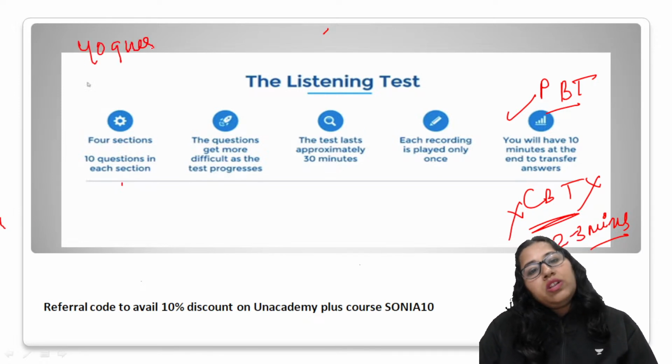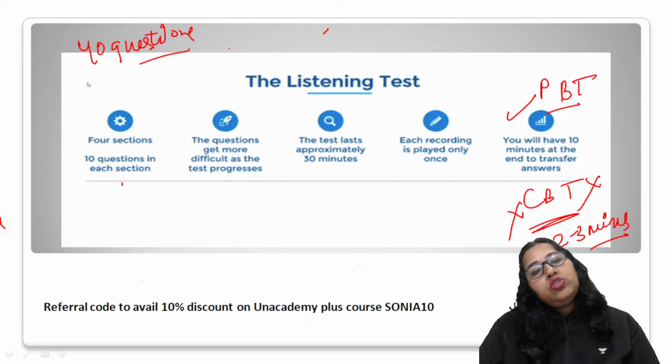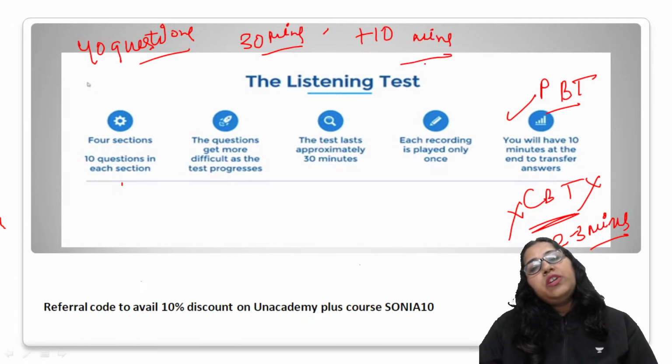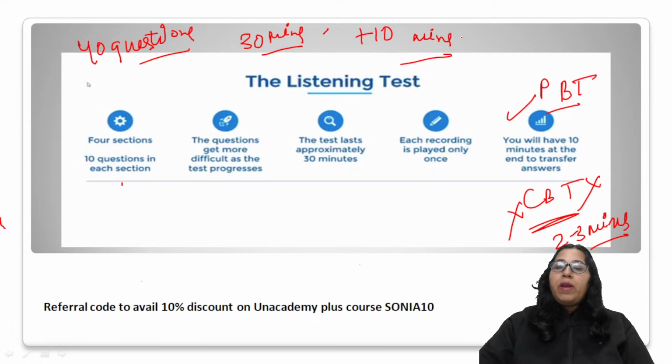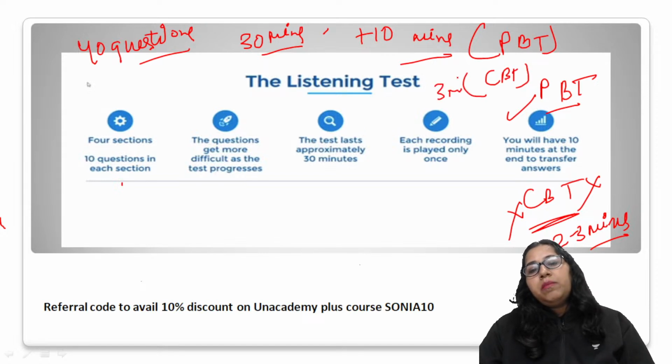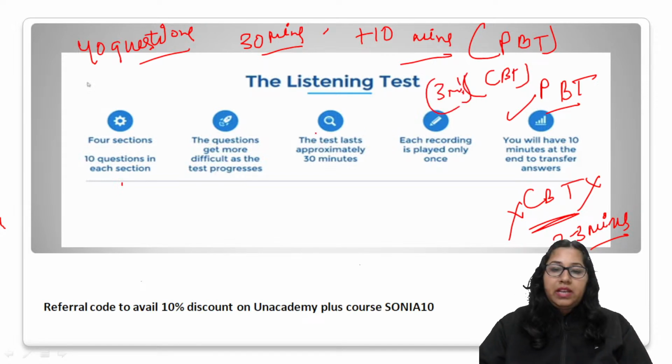You will have in total 40 questions to solve in approximately 30 minutes, plus 10 minutes extra time to transfer your answers from the question booklet to the OMR sheet. That's only going to happen in the paper-based test. In the computer-based test, you're going to get 2 to 3 minutes approximately extra.